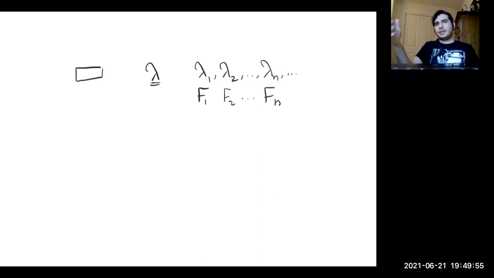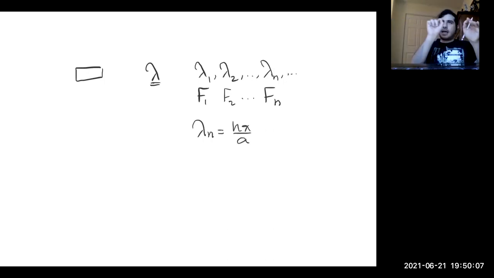For example, in the simplest case, where the boundary condition was 0 at both ends, lambda n was equal to n pi over a, very explicit. So we had a discrete set of solutions. In another sense, there are infinitely many lambdas, but they are countable.